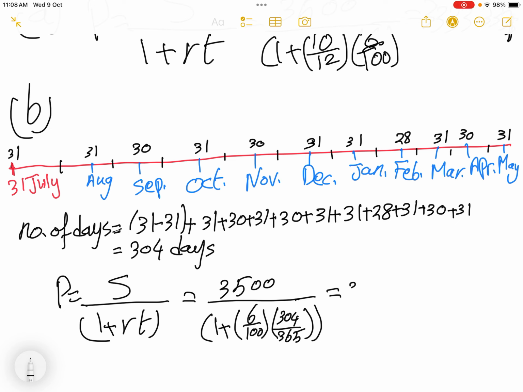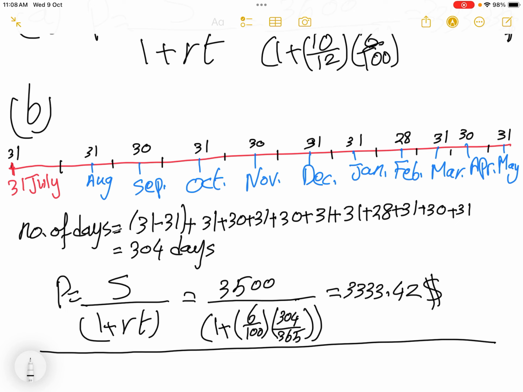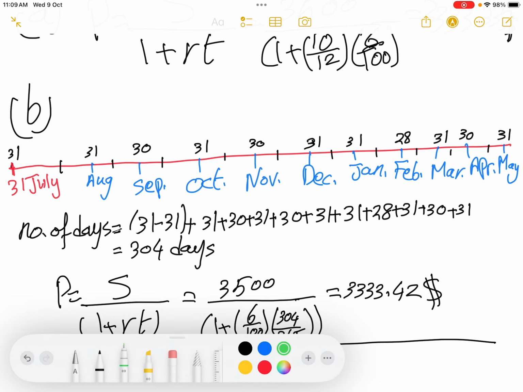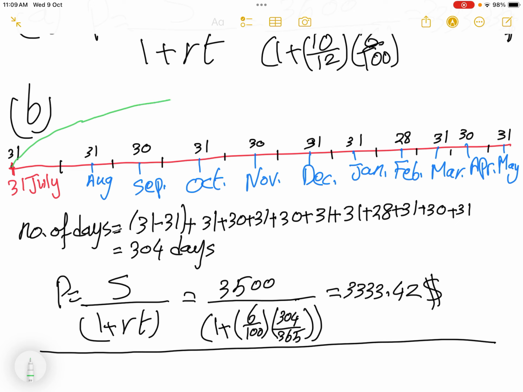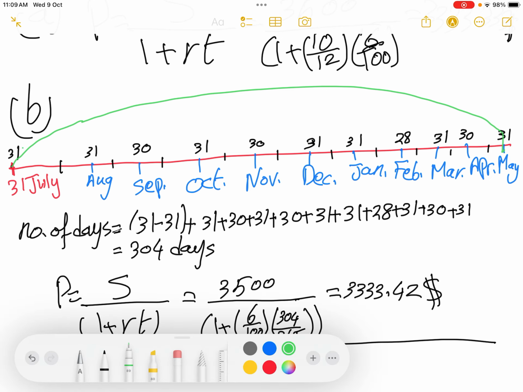You will have 3,333.42 dollars. It's an easy example, but you must pay attention that you must memorize all the months in order and the number of days. Here you will have moving here, but notice the arrow.